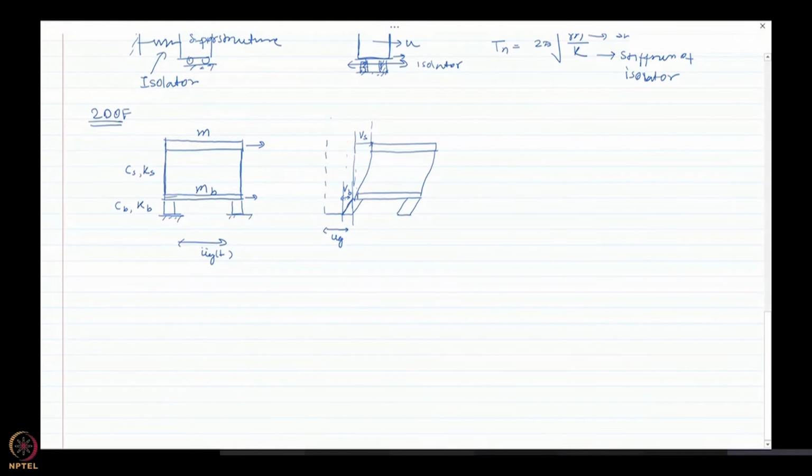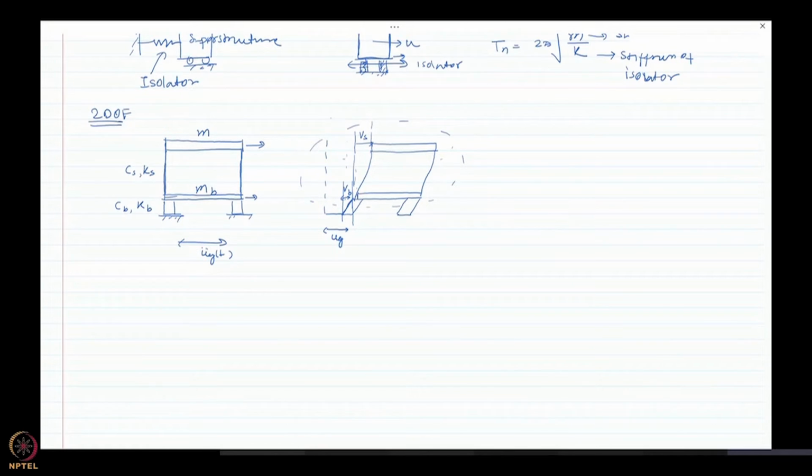Now we wish to write down the equation of motion again similarly for this one, and it is up to us how we write down the equation of motion. So what I'm going to do in this case, first I'm going to write down the equation of motion of the whole structure, and in the second case I'm going to just write down the equation of motion of the upper slab. If you wish, you can do the isolation layer at one time and then the overall or the top layer at another time, like we did in the previous cases.